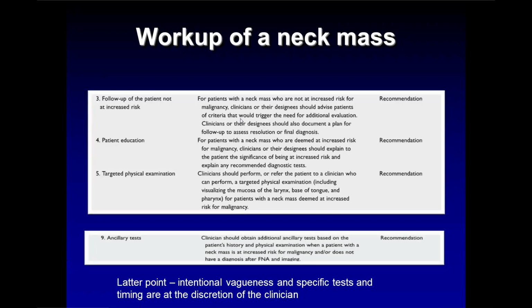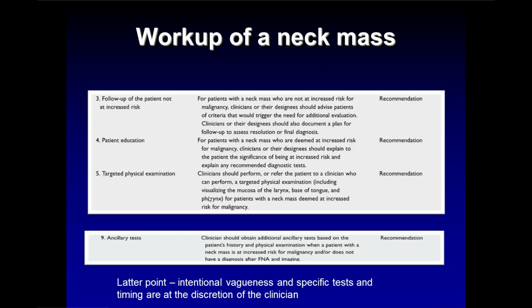For patients with a neck mass who are not at increased risk, clinicians should advise patients of criteria that would not only trigger additional evaluation, but also document a plan for follow-up. So this is really key. We had gone over beforehand the importance of patient education, particularly when you feel that they are at increased risk of malignancy, and that'll help to explain any recommended diagnostic test moving forward.